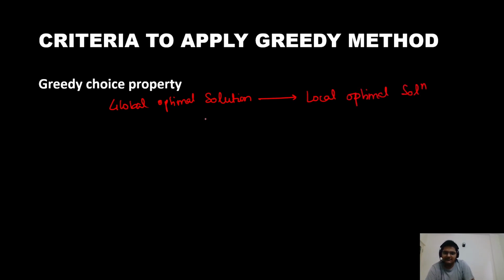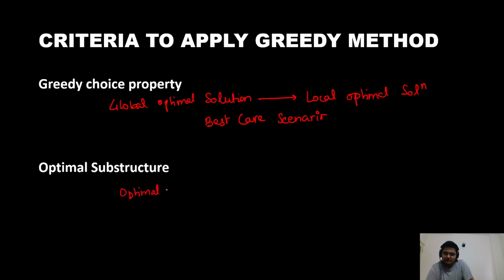This essentially is a best case scenario for any greedy algorithm. Next, we have that the problem should have an optimal substructure. What this means is that the optimal solution of the problem can be found out using the optimal solutions of their subproblems.